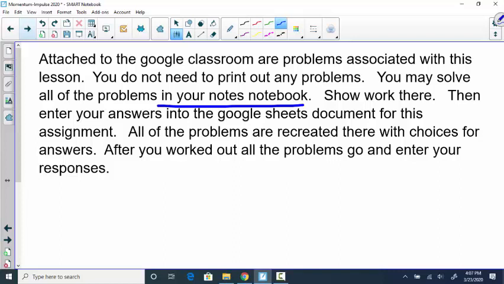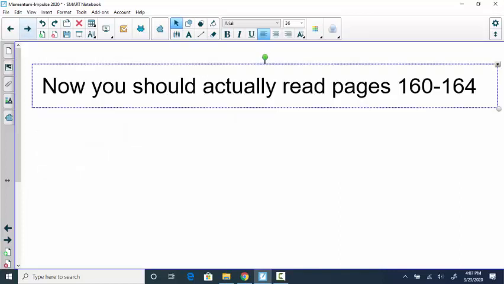And probably going to put the answers in Google Sheets a little bit different this time, and probably not multiple choice questions. I'm just going to have you type in your answers. Just going to try to find various ways to hold you somewhat accountable for doing the work and kind of as a quick check for me. And last but not least, you should actually read these pages in your textbook now.